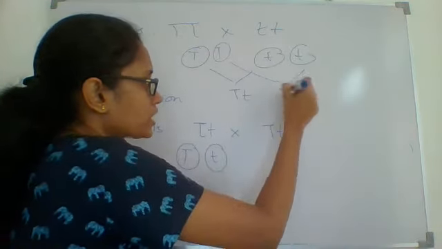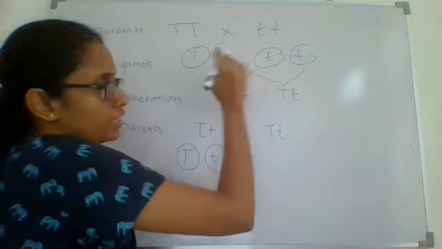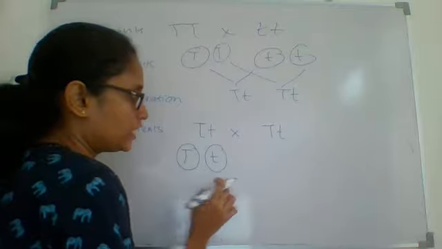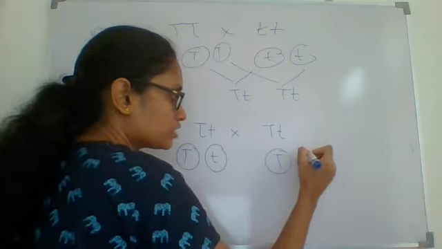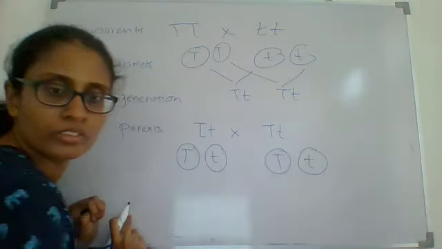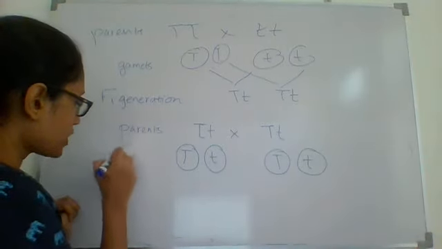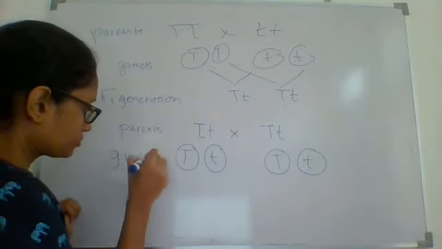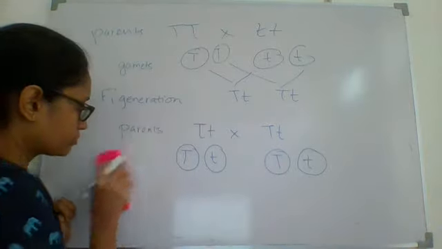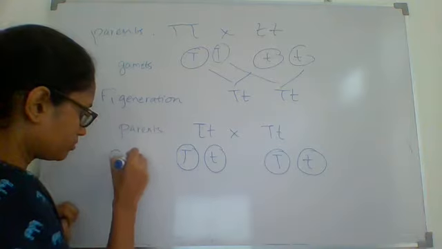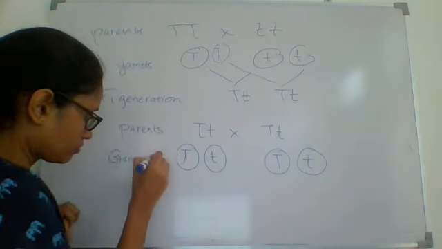You can write the same thing, you will get the same thing like this, right? So capital T and small t. So these are gametes.